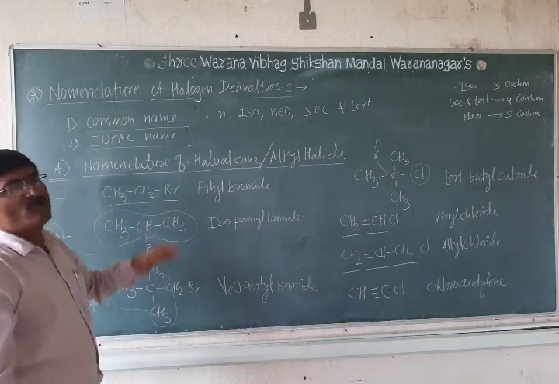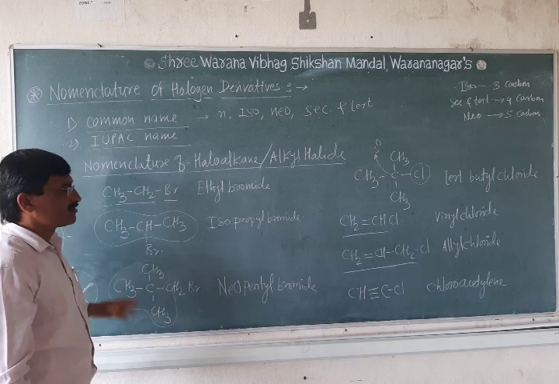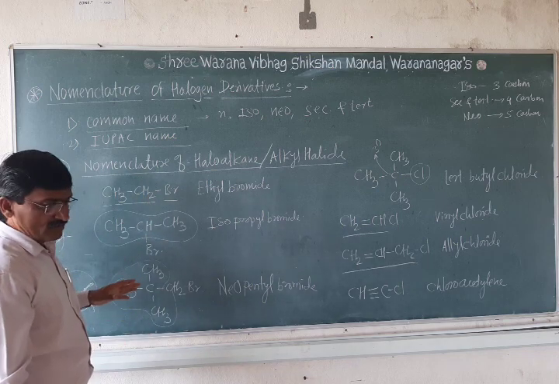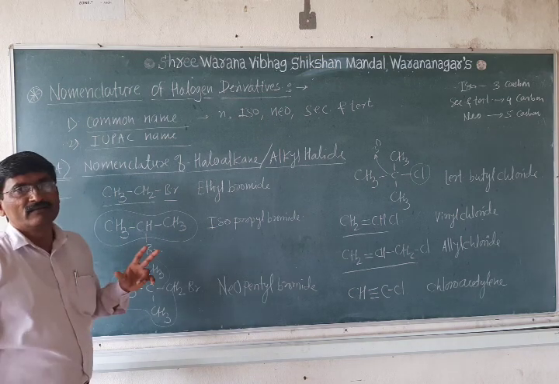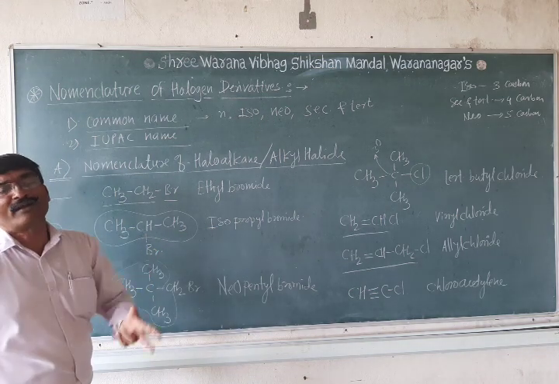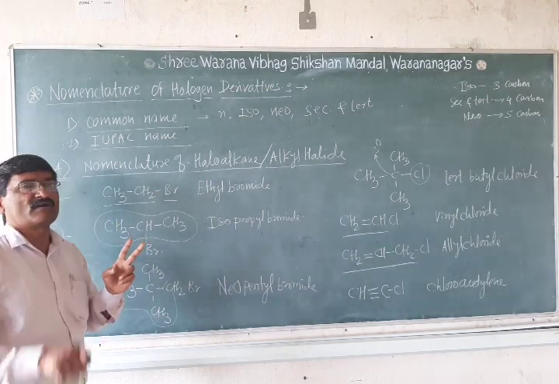Then what about their IUPAC name system, or the IUPAC name system of that particular compound? Now before going to learn the IUPAC name system, it is necessary to take another two examples which carry two halogen atoms. They are attached to the adjacent carbon as well as the same carbon.